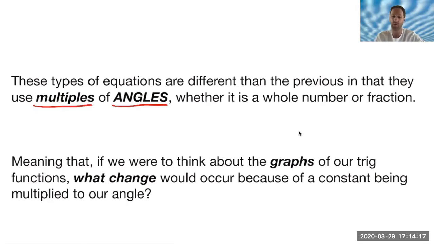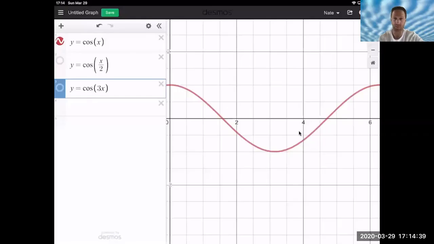And hopefully you guys remember what that does, because we just had, a couple of chapters ago, an in-depth look at what our functions look like graphically. And so if we have a multiple of an angle, I wanted to give you guys some examples here.